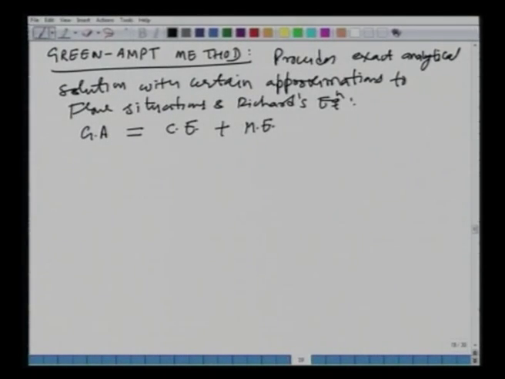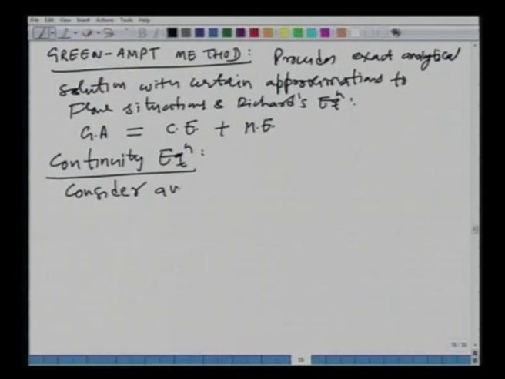First we write the continuity equation. For that, we consider a vertical column of soil of unit horizontal cross sectional area.